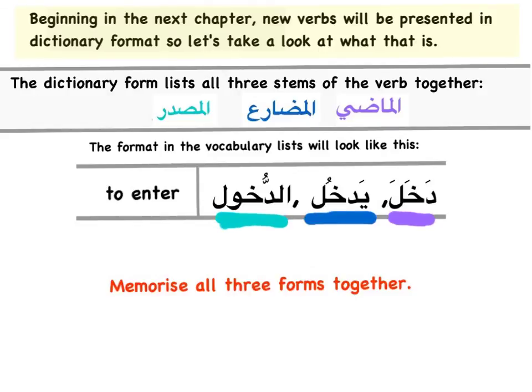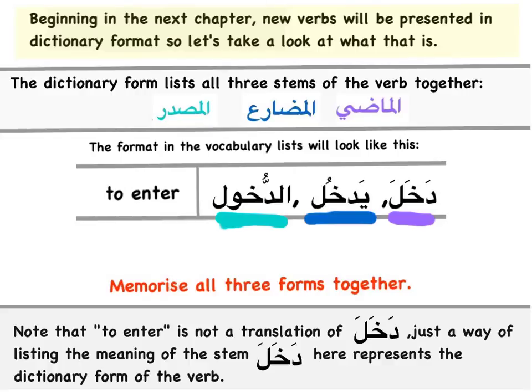To memorize all these forms together, note that "to enter" is not a translation of دخل, just a way of listing the meaning of the stem دخل. So if I want to say "to enter," remember that it is the infinitive and it's the equivalent of الدخول in Arabic. When I want to say دخل, he entered, it's past tense.